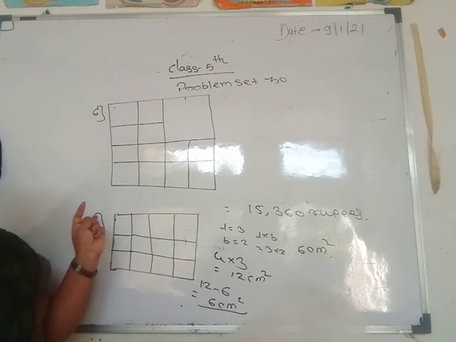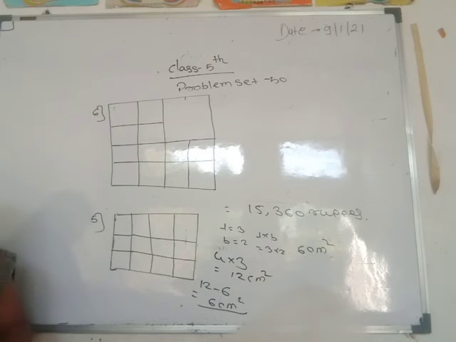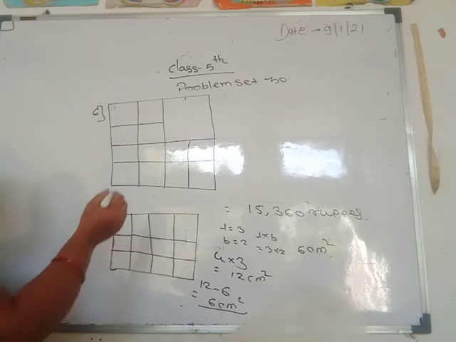Then color the parts with different colors. See here. You color the different parts of this. Here find the area and shape of each part.